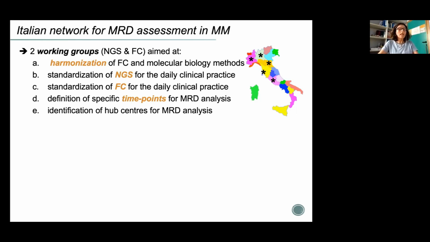Both groups are focused on the harmonization of methods already in use in their own institutions, on the standardization of a shared procedure for the assessment of MRD in daily clinical practice, the definition of specific time points for MRD analysis, and also the identification of hub centers, possibly locally supporting regional hospitals interested in the analysis of MRD in multiple myeloma.